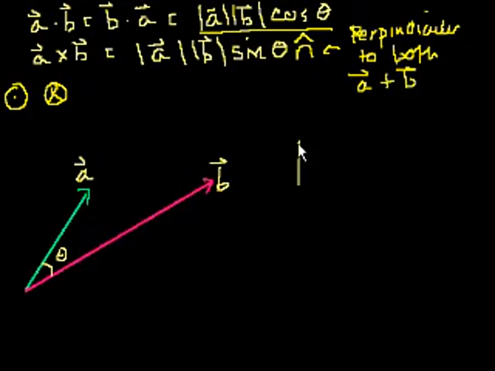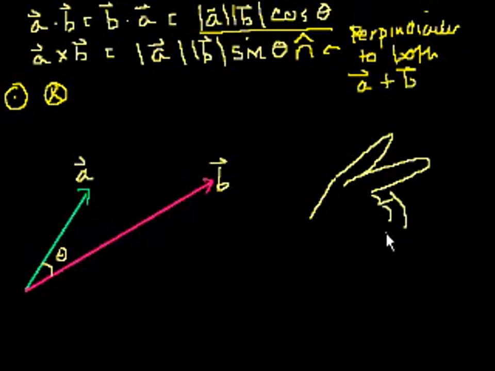Your index finger will go in the direction of A. Your middle finger goes in the direction of B. And then my other two fingers just do what they need to do. I like to just bend them out of the way. So they just curl around my hand. And then what direction is my thumb in?